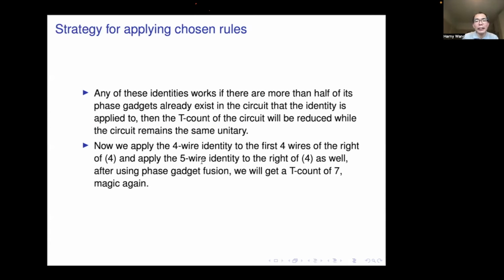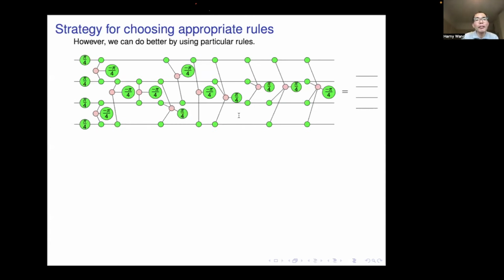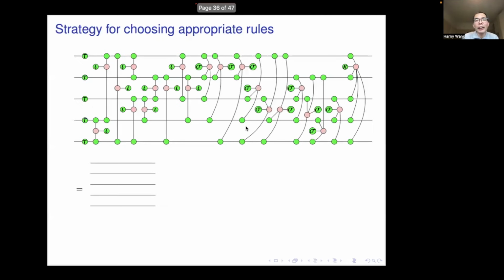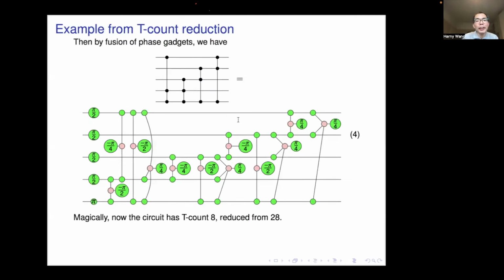Similarly for the 5 wires identity. So if we apply these 4 wires and this 5 wires identity to this final phase gadget, then you will cancel out something. So for the first 4 wires, we apply the 4 wire identity.